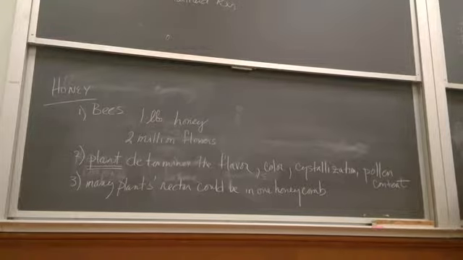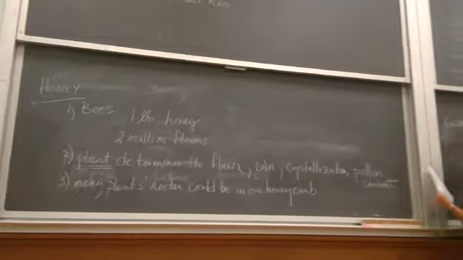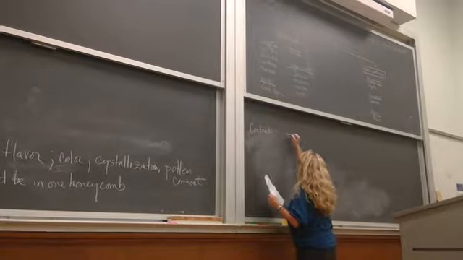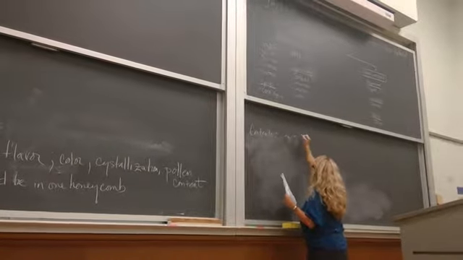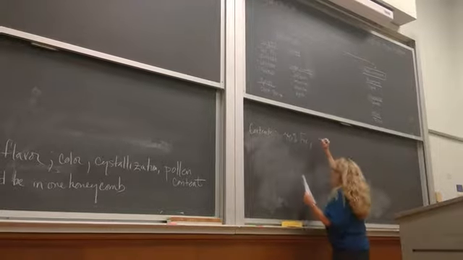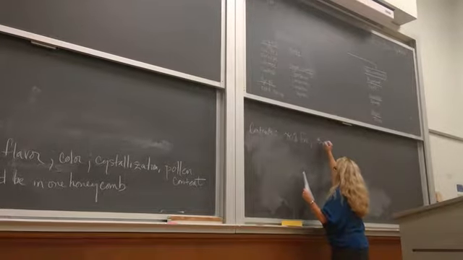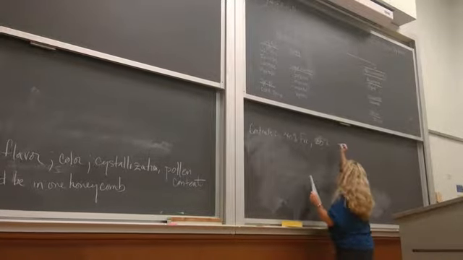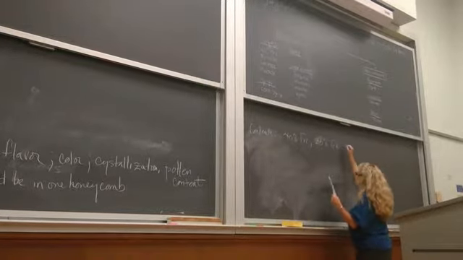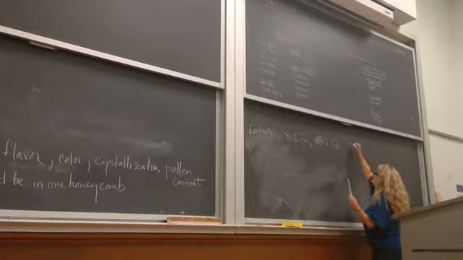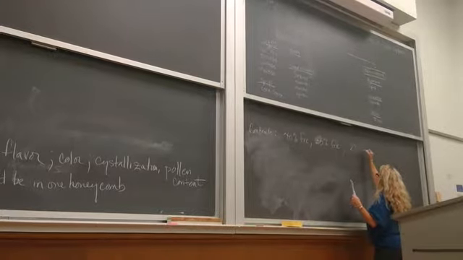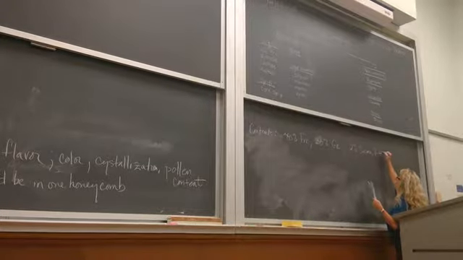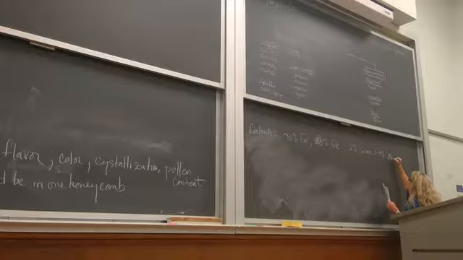Let's see. The contents. Normally, honey is made of 40% fructose, 35% glucose, and 2% sucrose, and 1 to 4% maltose.